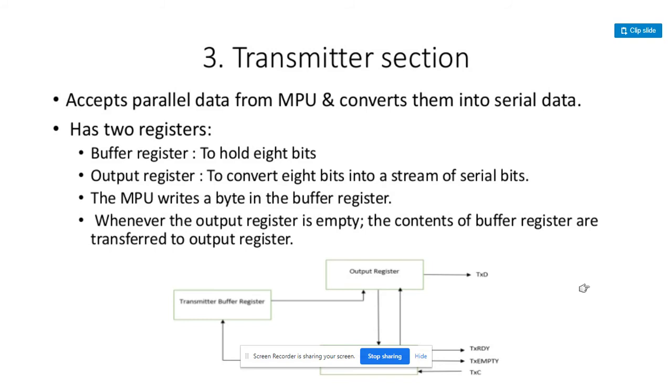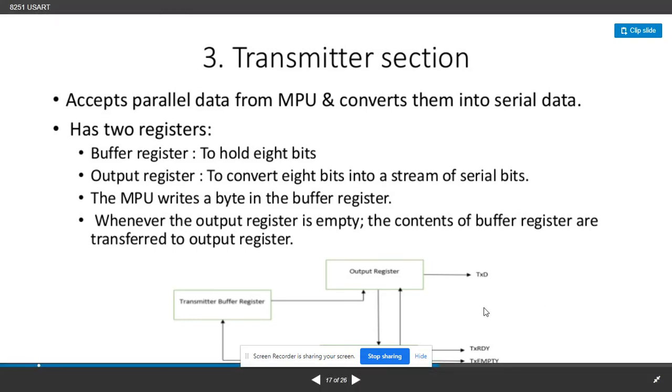Transmitter section accept parallel data from the microprocessor and convert them into the serial data. It has two registers, that is buffer register that holds the 8 bits, output register that to convert the 8 bits into a stream of serial bits. Microprocessor writes a byte in the buffer register. Whenever the output register is empty, the content of buffer register are transferred to the output register.